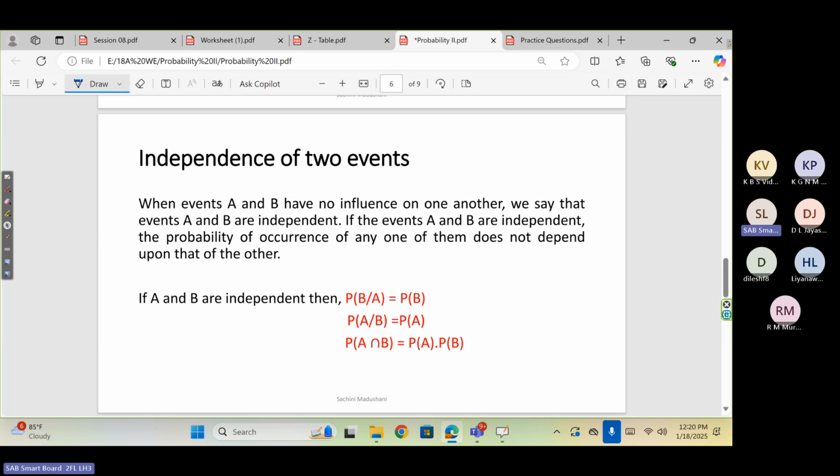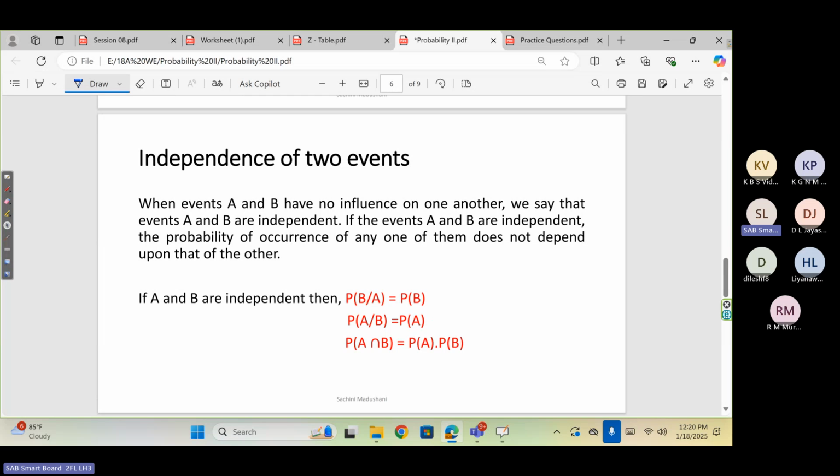It's clear? Then the independence of two events means these two events have no influence on one another. Then the given two events are independent. Suppose the question says A and B are independent.